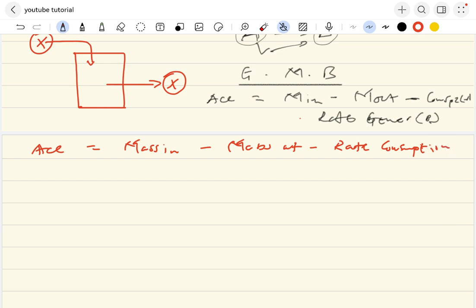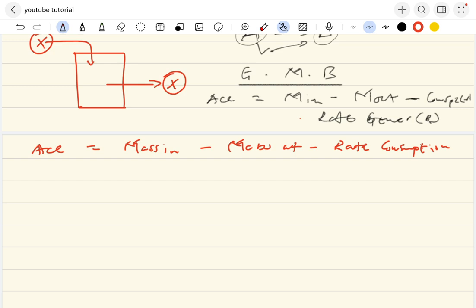Because we are dealing with a reactor, we have to write everything in terms of what? In terms of moles. Why? Because we have to use mole balances instead of mass balance in chemical reactions, because chemical reactions change the number of moles of each species taking place in the reaction, but they do not change the total mass.